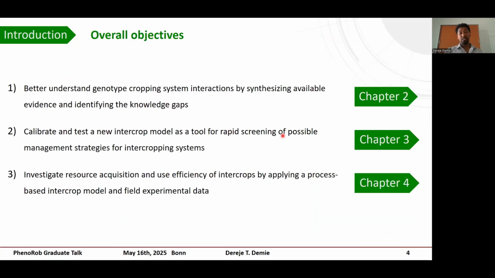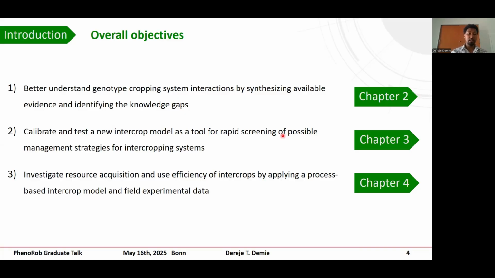Here is where my PhD project comes in, which is categorized into three main objectives. So the first one is to understand genotype cropping system interaction by synthesizing available evidence and identifying the knowledge gaps in this aspect.